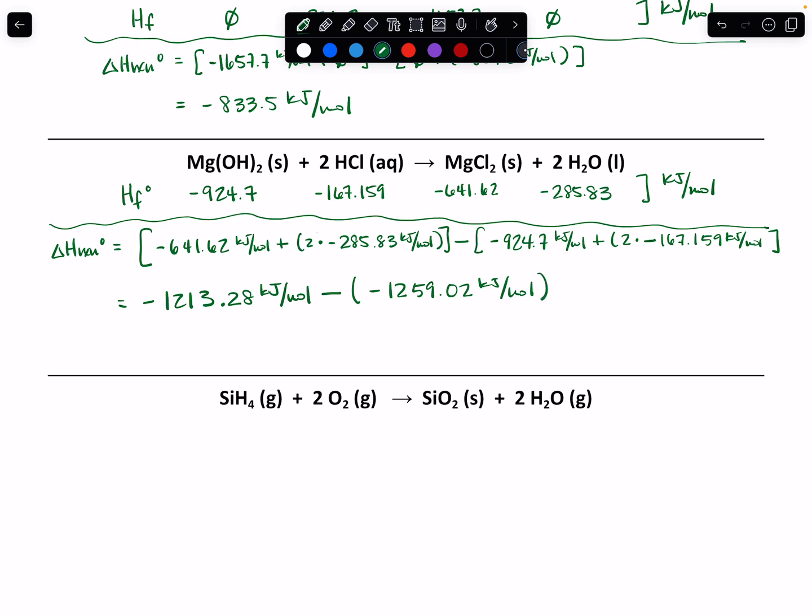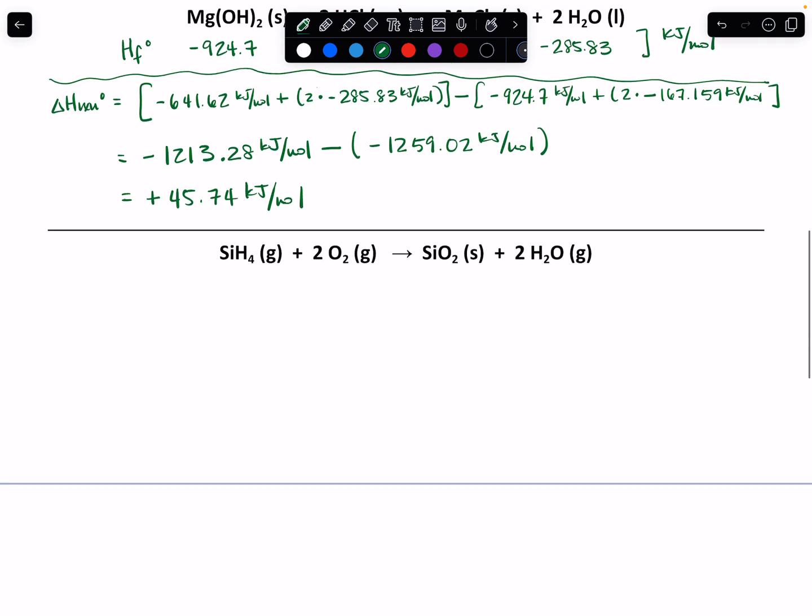All right. When I take these two together, I get a positive 45.74 kilojoules per mole. So in this case, when this reaction runs, it needs to absorb 45.74 kilojoules per mole of reaction. All right, we're going to do one more.